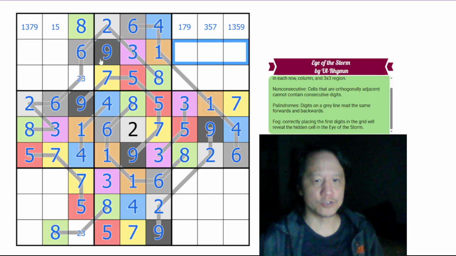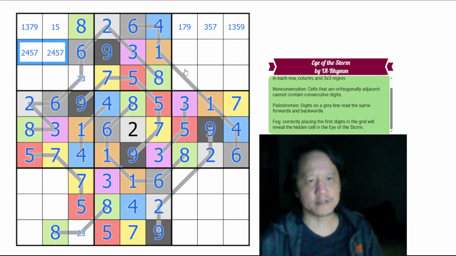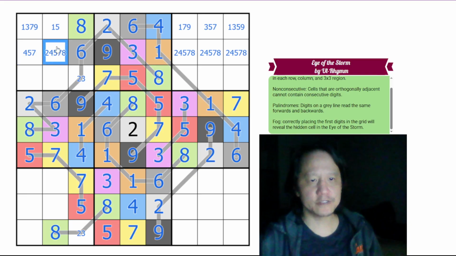What about row 2? Row 2, we have 2, 4, 5, 7, 8. And this can't be 2 or 8. No 7 or 8. This can't be 5. It's consecutive with 6. No 5 here. No 5 or 8. No 2. No 4 or 7.